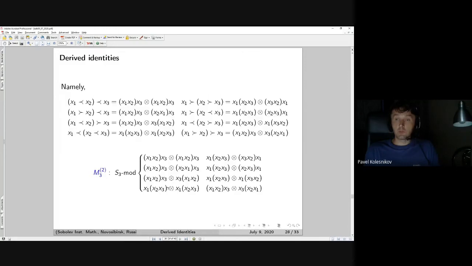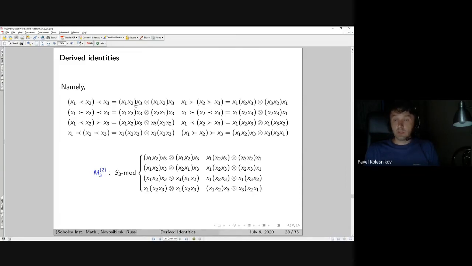All monomials of degree 3, those that contain x1, x2, x3, we have many monomials like that, they are all here. These expressions can be calculated just by operad compositions.